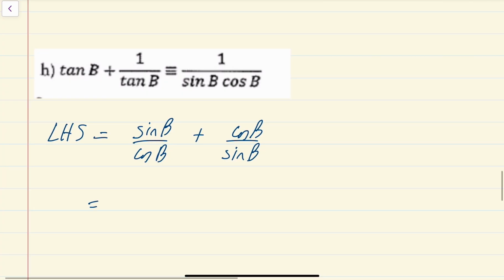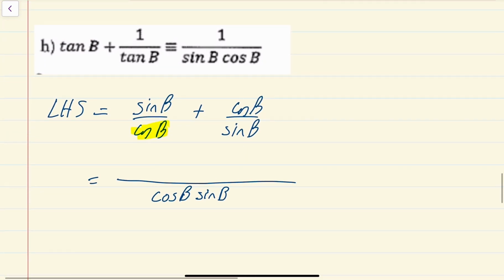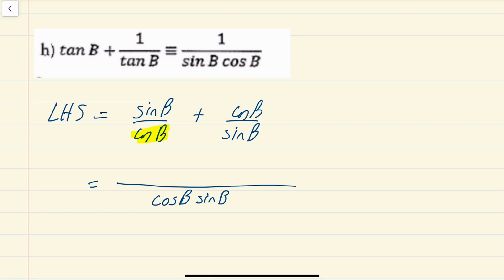So it's a common denominator one again. My common denominator, I'm just going to write it as cos b sine b. So just multiply those two denominators. How did I get this cos b to become cos b sine b? I had to multiply the top line by sine b, so that becomes sine squared of b.